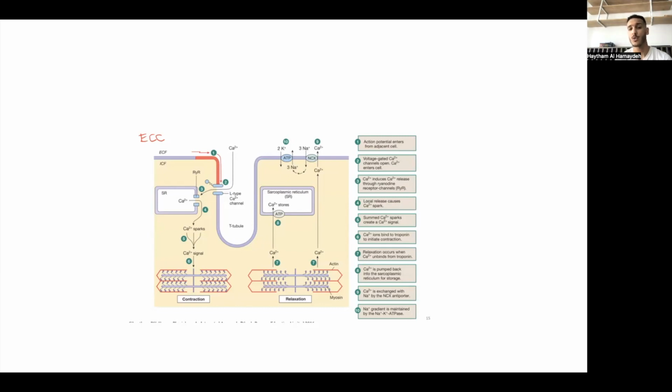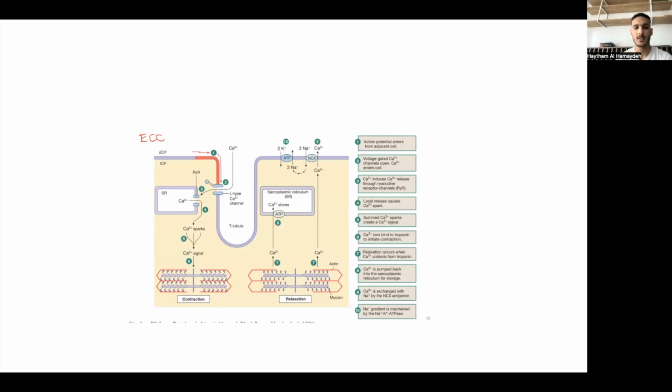The second pathway here: ATP is used to exchange, so the energy of Na plus taken in would drive calcium outside. Now, to keep the balance of the ions, the Na plus K plus ATP pump works, causing K plus to move in and Na plus to move out. So this is basically the molecular functionality of the contractile cells.